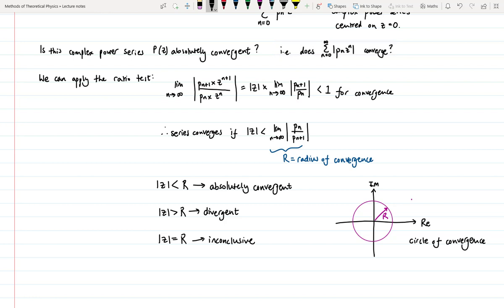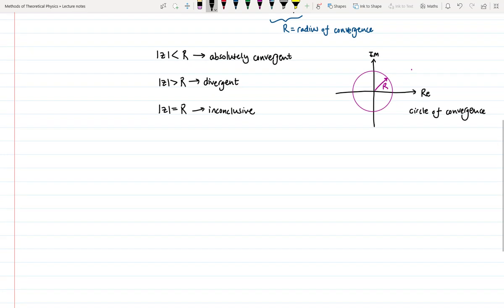So values of z that fall within this circle give complex power series that converge. We've shown that this complex power series is absolutely convergent, which means we have that the sum of the absolute terms converges.